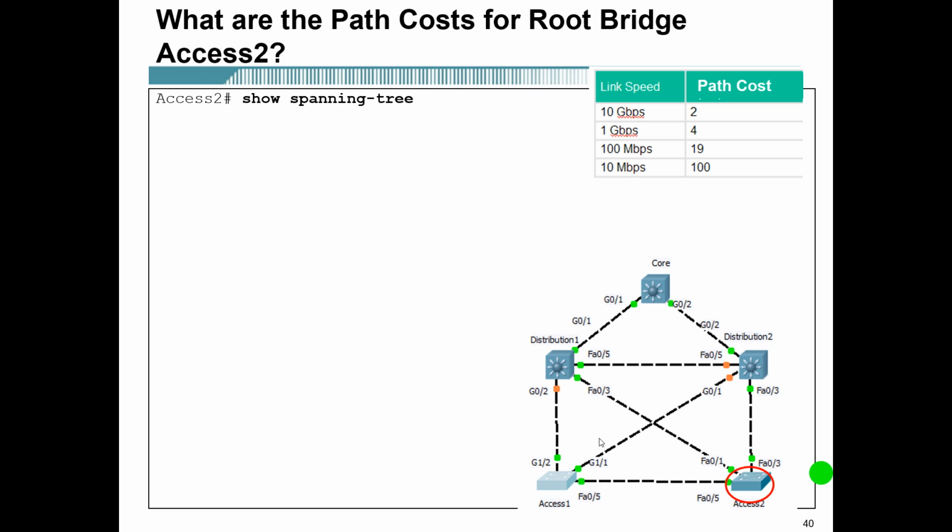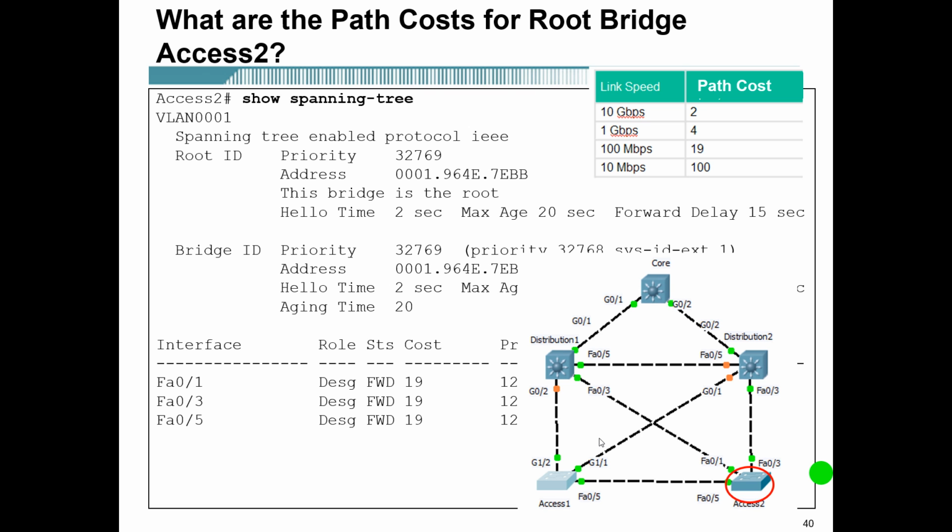So what are the path costs for the root bridge, Access 2? You're going to notice that all the interfaces for Access 2 are in a forwarding state, and they're all part of a cost of 19.